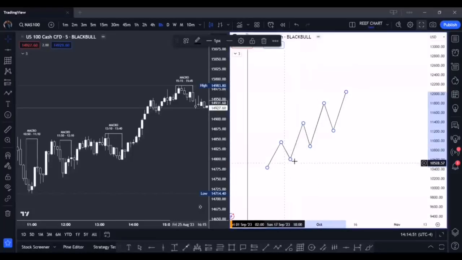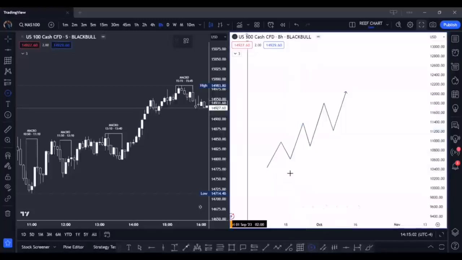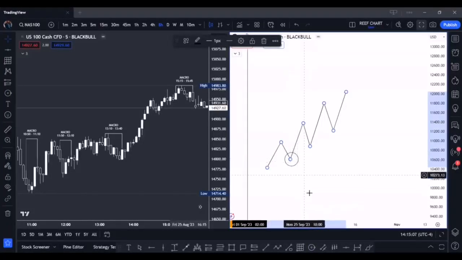So right over here at the bottom, there are people who would want to sell because the market is essentially going on a downtrend. So we would mark this off as a liquidity area, and this as a liquidity area, and that as a liquidity area. Okay, and that is what we would call sell side liquidity.